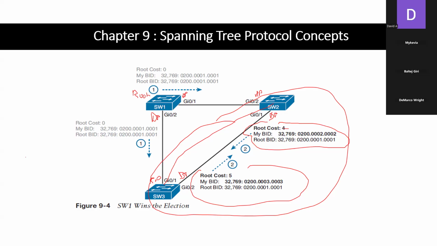So with that being said, when you guys are configuring and managing your networks, if you want to be in charge of how your topology works, make sure you configure your priority so you can manage and control how your spanning tree topology is architected. If not, you may put in an old switch that has a lower MAC address, and you put in a newer switch that has a newer MAC address.